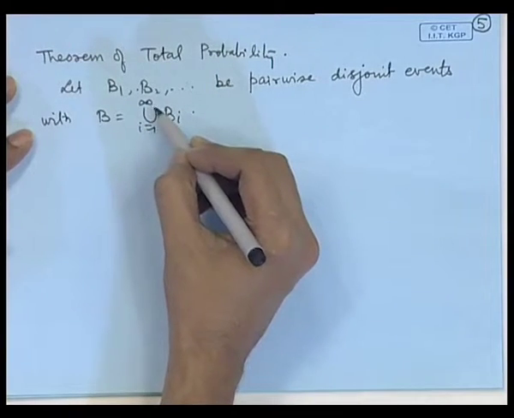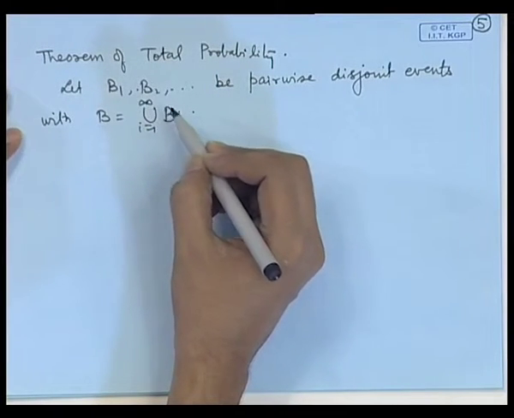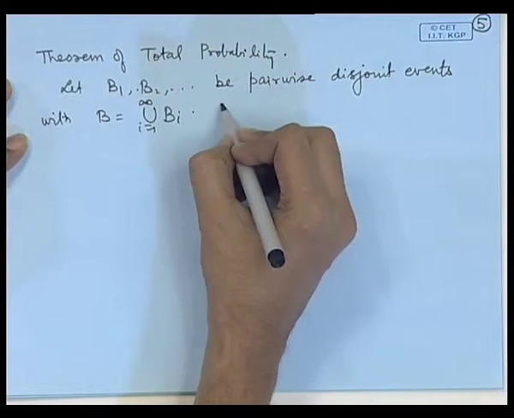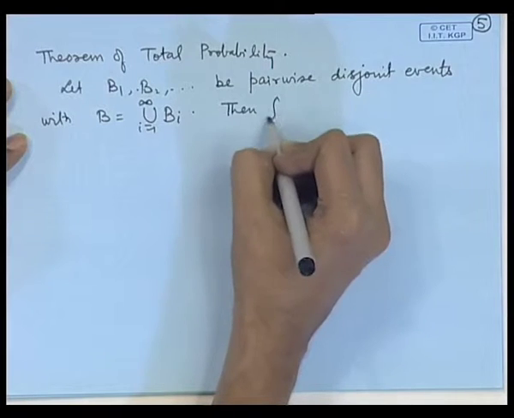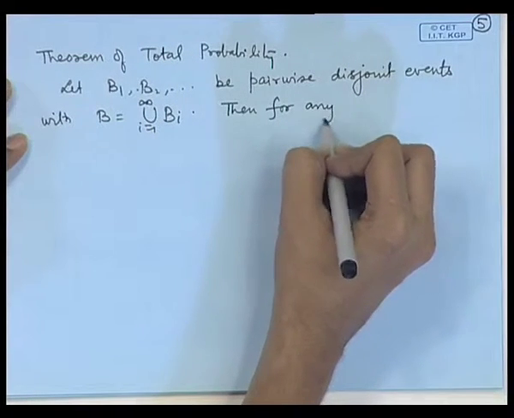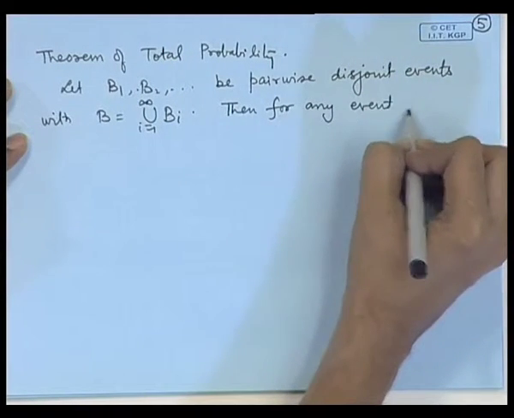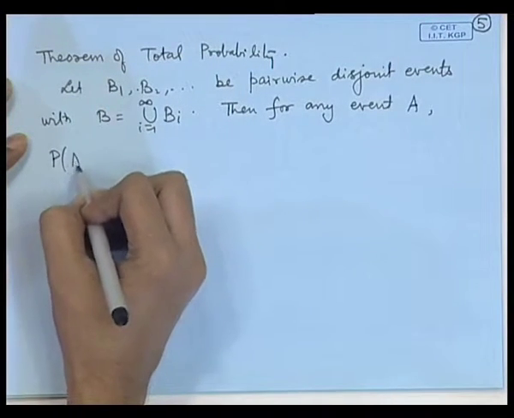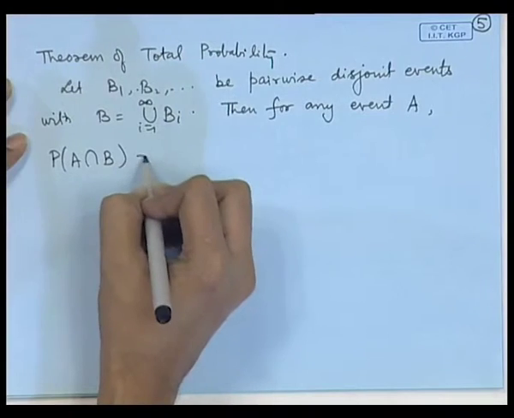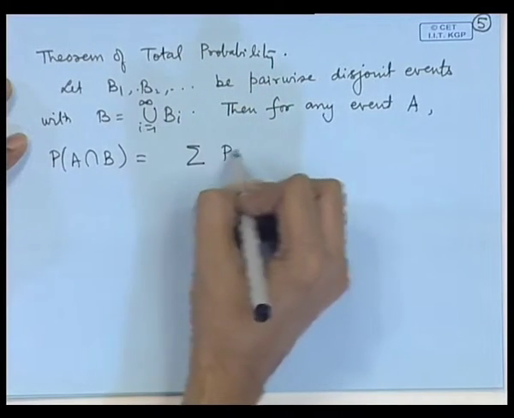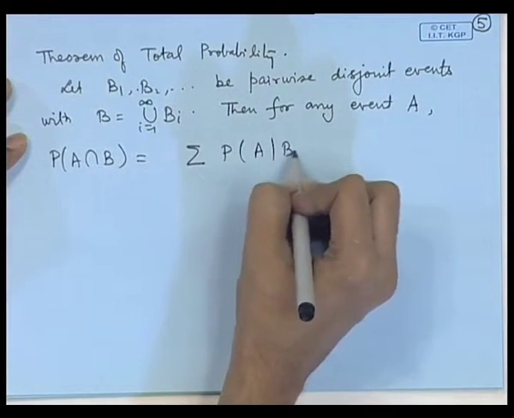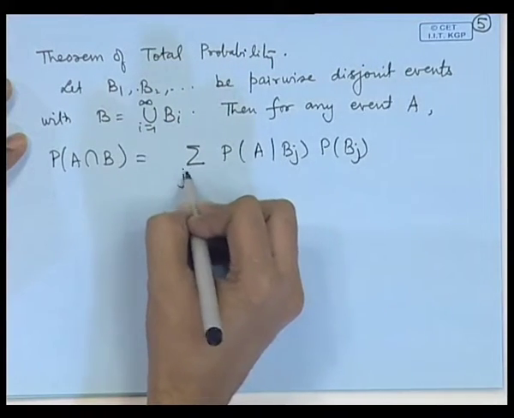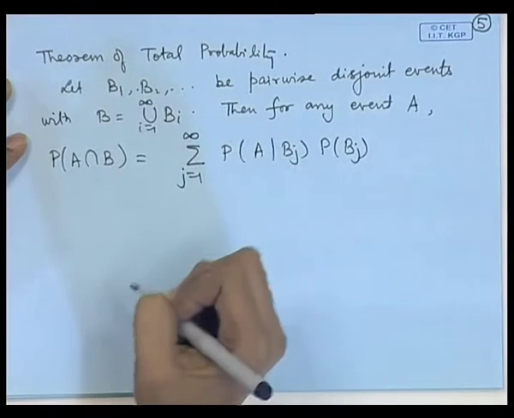Here it could be a finite union also, it will not make any difference to the actual statement of the theorem. Then for any event A, probability of A intersection B can be decomposed as the sum of probability of A given B_j into probability of B_j, j equal to 1 to infinity.